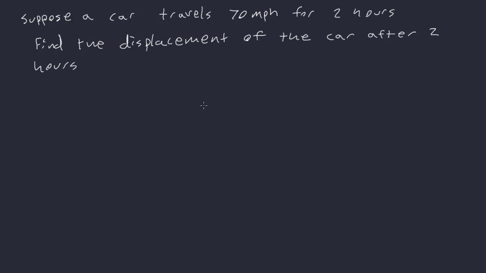The displacement of the car is basically going to be our 70 miles per hour multiplied by the 2 hours, so that the hours cancel and we'll be left with 140 miles. So we're basically multiplying to get the displacement, and in this case it's the total distance traveled.